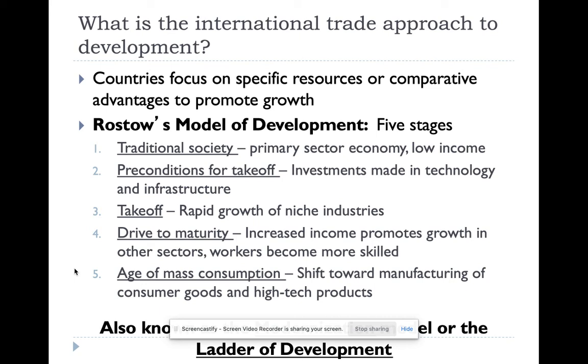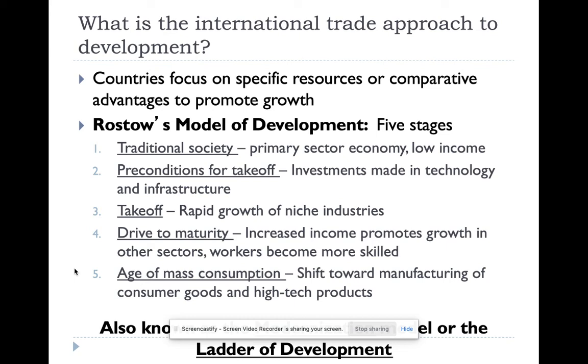And so they get really good at making one thing and they sell it on the international market, and that then brings income into the country. In the takeoff stage, you see income and money come into the country, right? So they're starting to make money. You see rapid growth in niche industries. It is not spread out across the board. You're not going to see this in agriculture, or if you are going to see it in agriculture, it's going to be specialty crops, right?